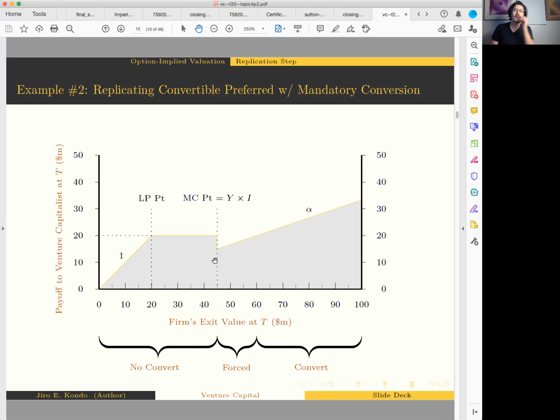So notice now we have 4 ingredients, right? I'm going to repeat it one more time. Long 1 unit of the underlying, i.e. the startup as a whole. Short 1 call option at a strike price 20 on the startup as a whole. Short 5 CNBCs on the startup as a whole at a strike price of 45. Long alpha units of the call option on the startup as a whole with a strike price of 45.